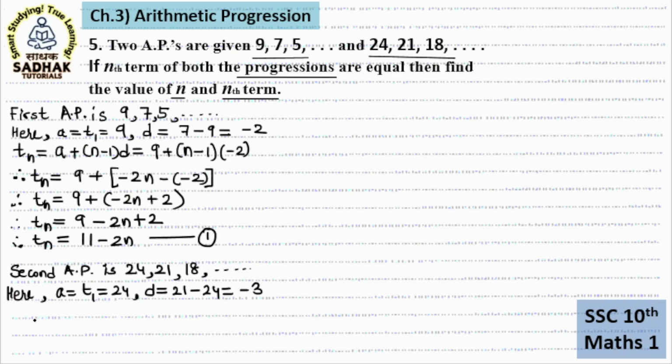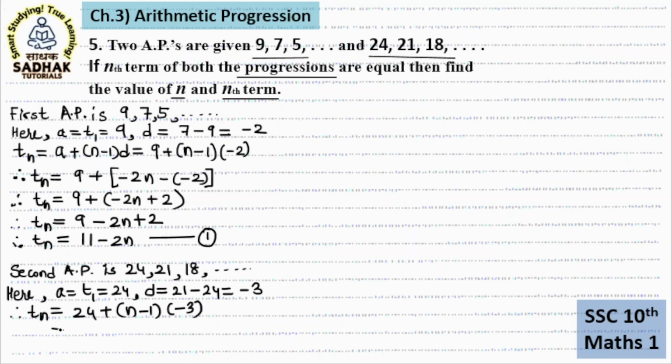Similarly here also we will find Tn. Tn will be A plus (n minus 1)d, so 24 plus (n minus 1) multiplied by minus 3.